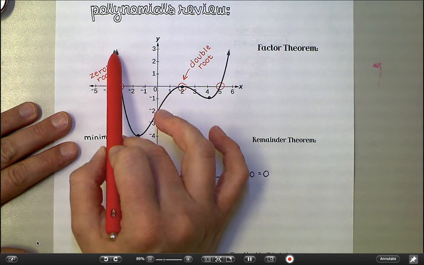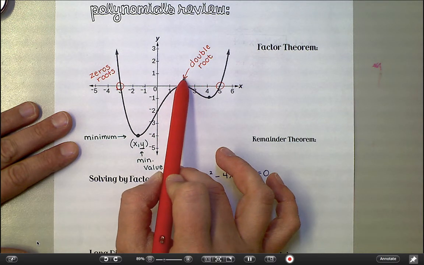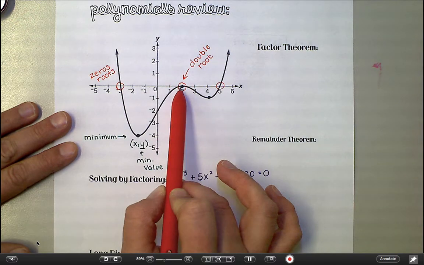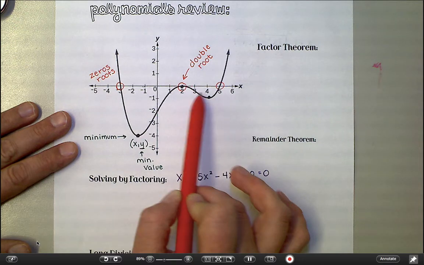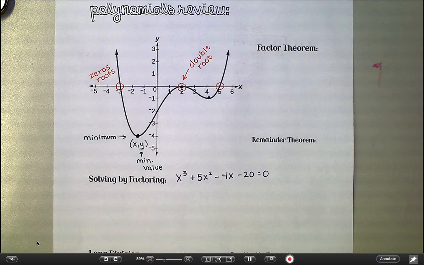So this went down below the axis here. It came back up again here. Normally, we would expect it to dip back down again in another location. This time it didn't. It just brushed against it and then turned around. And so we count this as what's called a double root, or a multiplicity of 2.